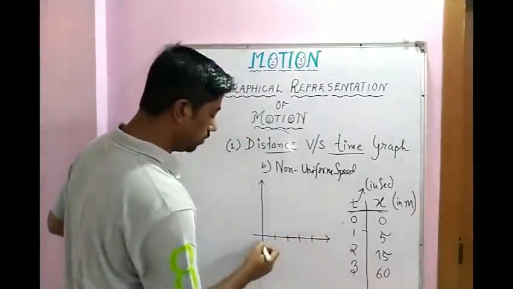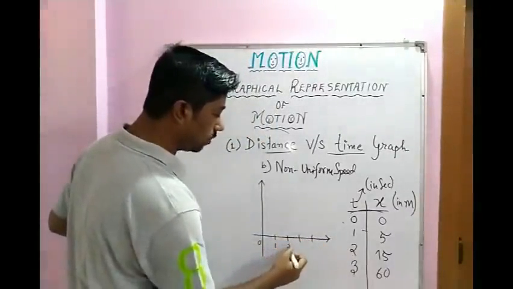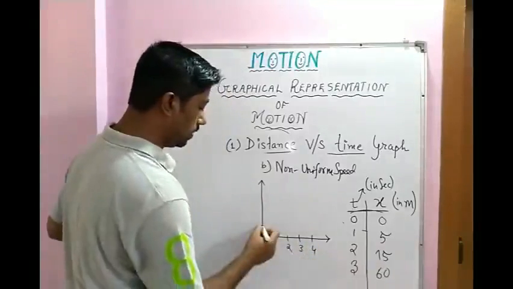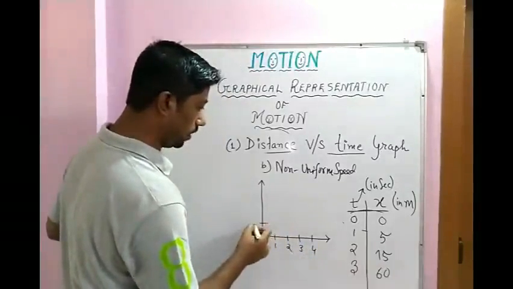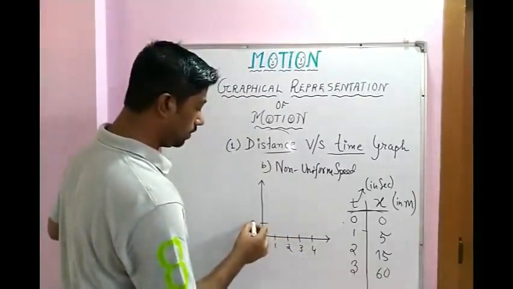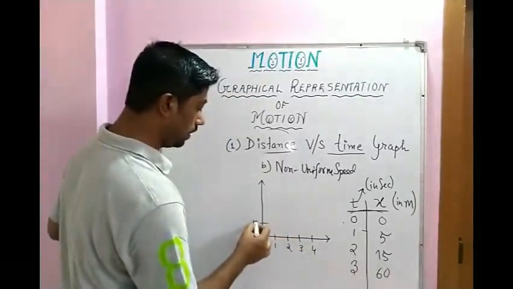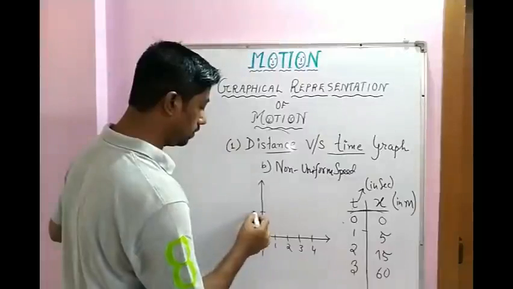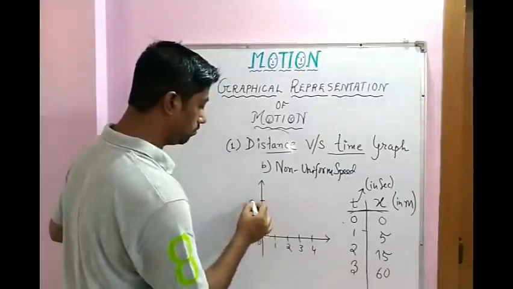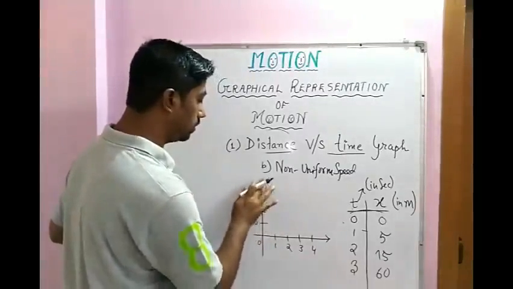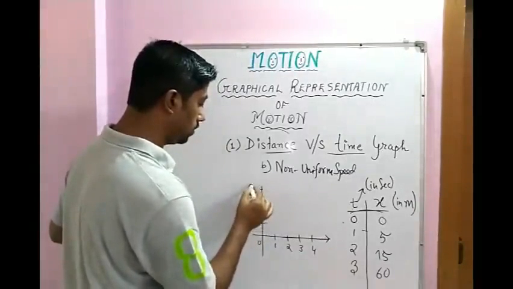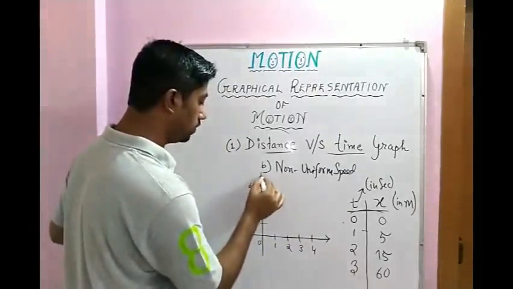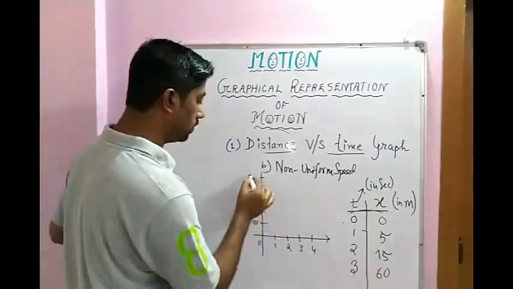So this is 0 time. 1 second, 2 second, 3 second, 4 second. This side we are plotting distance. Let it be 10, 20, 30, 40, 50.